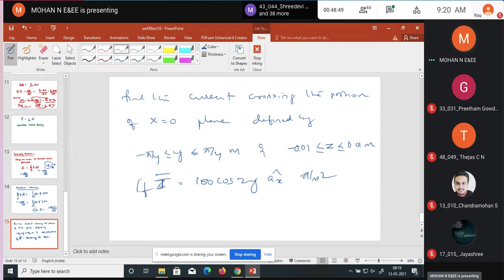That means it is a YZ plane, and the range is given. You're supposed to find I. What is the amount of current which is flowing through this cross-sectional area? Okay. So just take down these details. You should solve this problem.